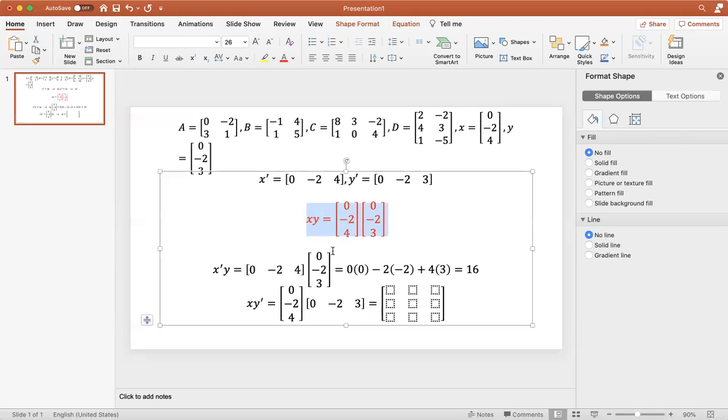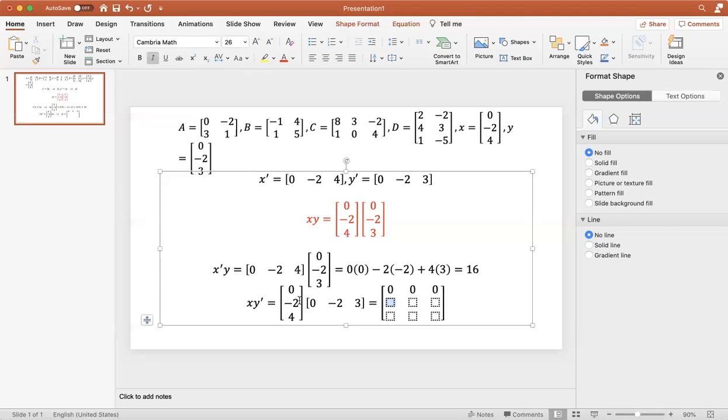So you multiply the first row with the first column, so it's going to be 0. Multiply the first row with the second column to get the second value for the first row. That's 0 times negative 2, which is 0. And of course, 0 times 3 is 0.